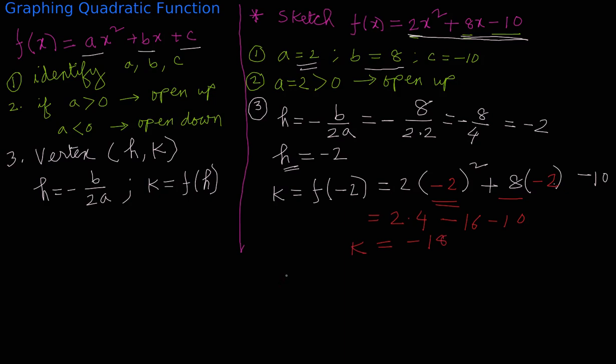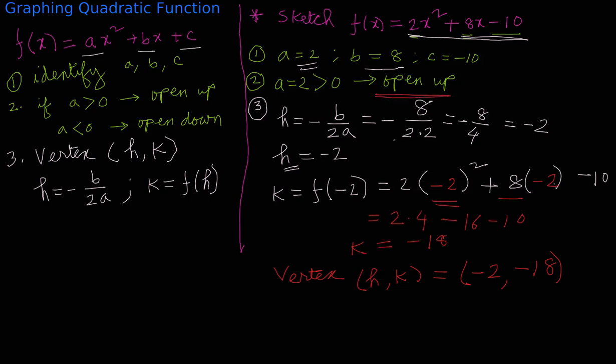So what is ultimately my vertex? My vertex (h, k) is at negative 2, negative 18. Also remember, my graph opens up, as a is 2.